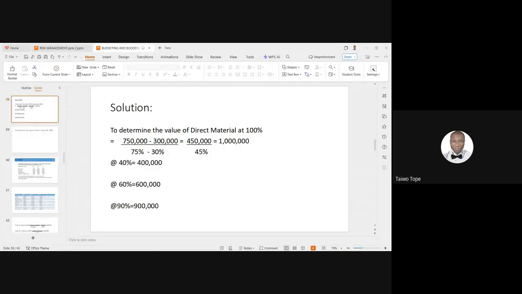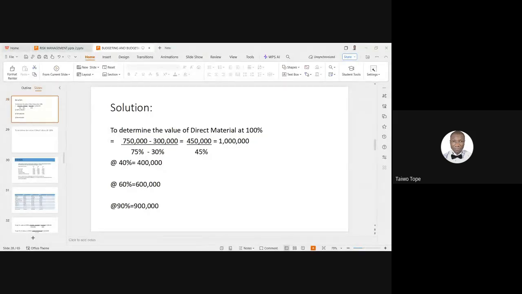So 750 less 300, you have 450. 75 less 30%, you have 45%. 450 divided by 45%, you have 1 million. This is the value at what? At 100%. 1 million is the value of direct material at 100%.